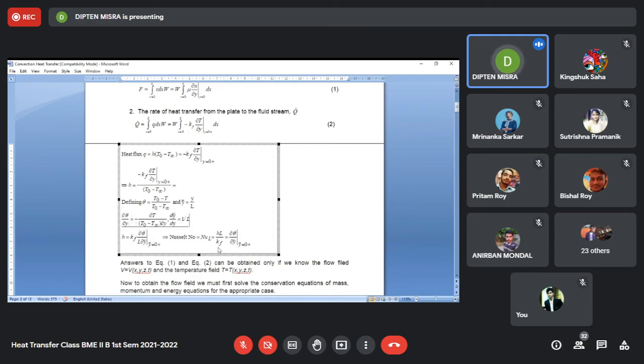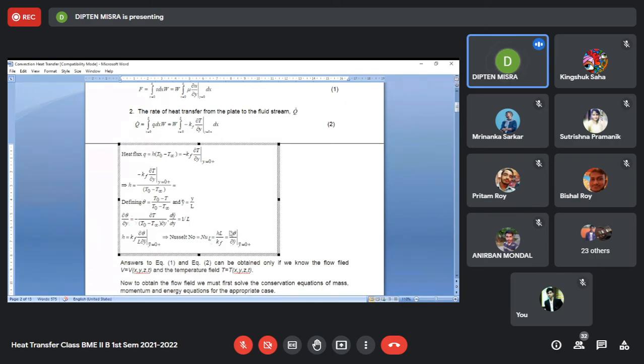What is the difference is that in Biot number you have a similar type of expression HL by K, but there that K stands for the conductivity of the solid. And when you talk of Nusselt number it is HL by K again, but this is the conductivity of the fluid medium.